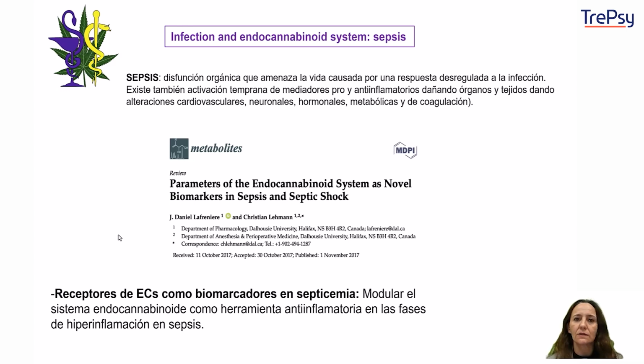But also the research is now directed to the overexpression of the endocannabinoid receptors in order to promote the anti-inflammatory response that we desire after a septicemia event.